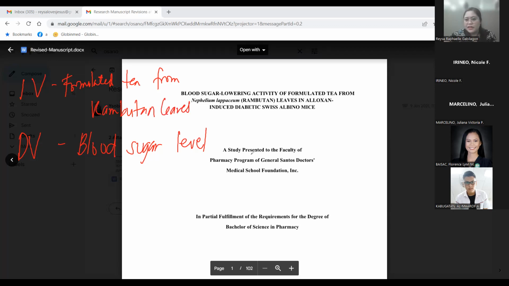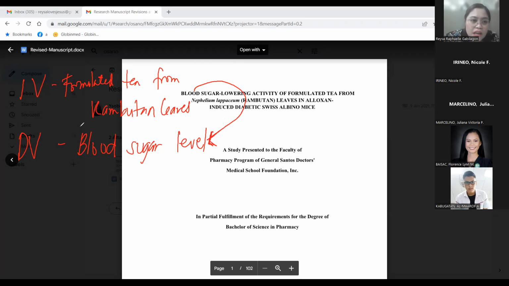So yan yung independent variable. It's a predictor variable. Meaning if we are going to give this to our subject, the outcome most likely involves the blood sugar level. Therefore, if you're going to make a title for an experimental research, make sure that all of these are included.